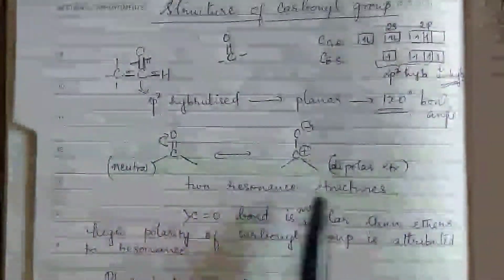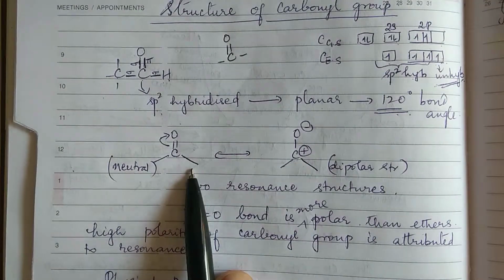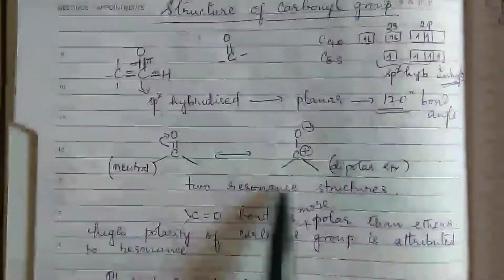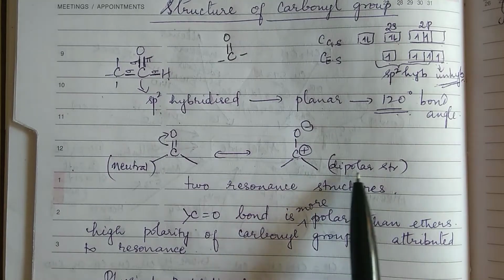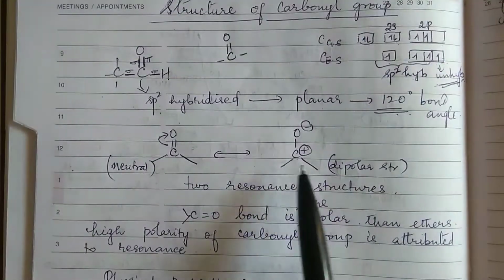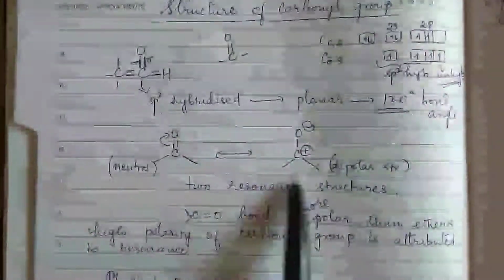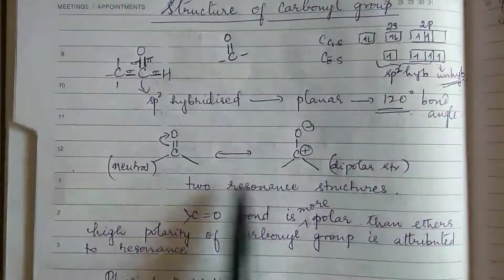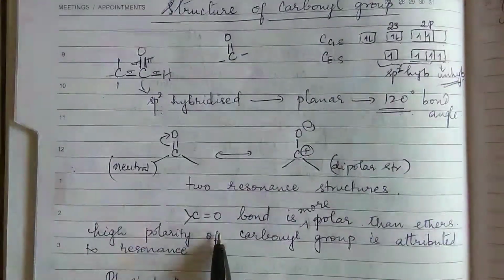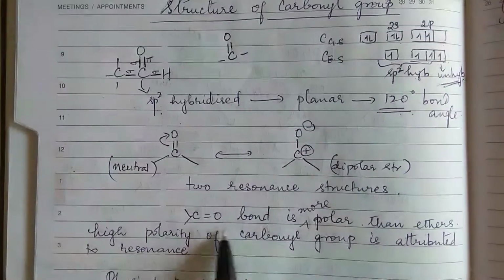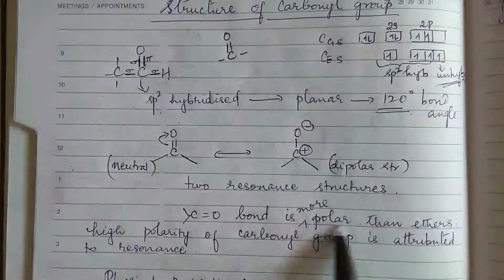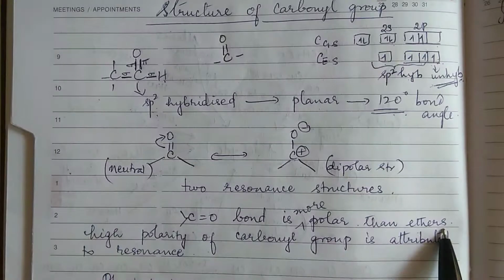So this carbonyl group in the neutral state gets converted into a dipolar state. Dipolar means separation of charges, right? These are the 2 resonance structures for a carbonyl group. Now remember, the C=O bond is more polar than ethers.